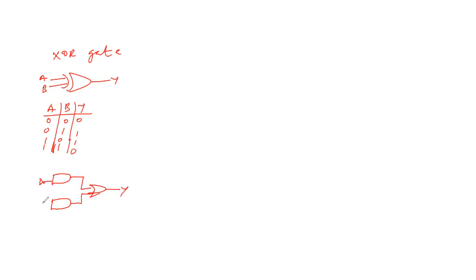So this is A. So in other words, with two inverters, two AND gates and one OR gate, we could design the exclusive OR gate.